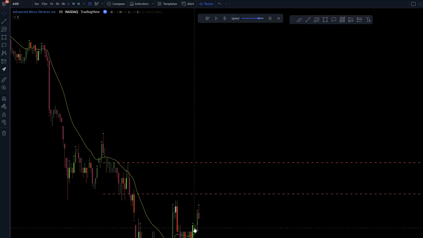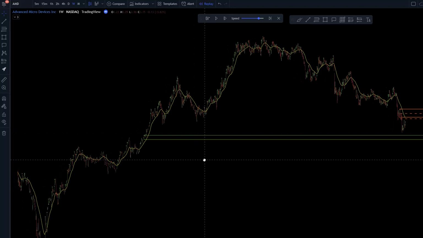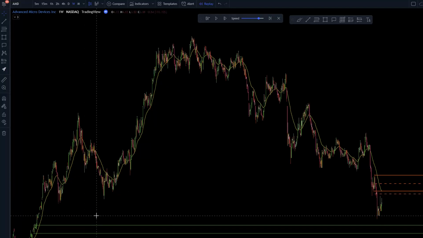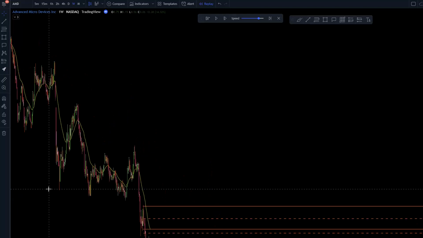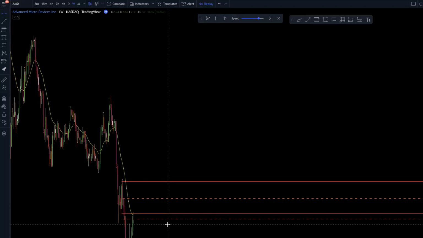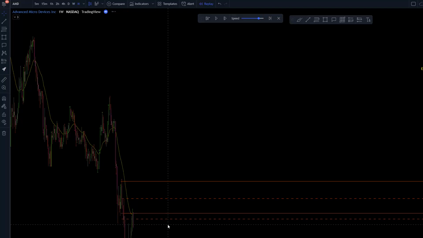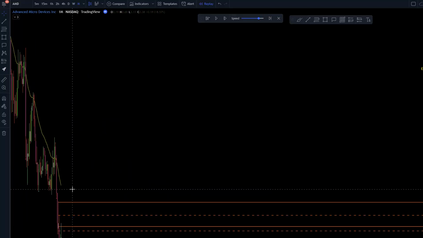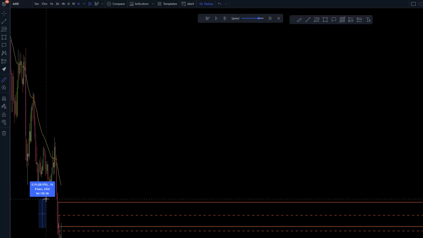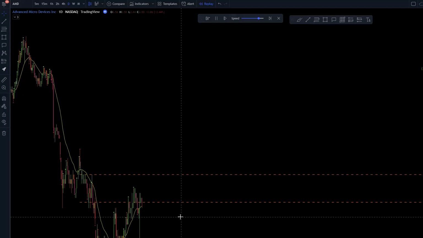I'll be only trading on the weekly. So this is not a valid trade for me, although it might work, but I'll not be taking this.